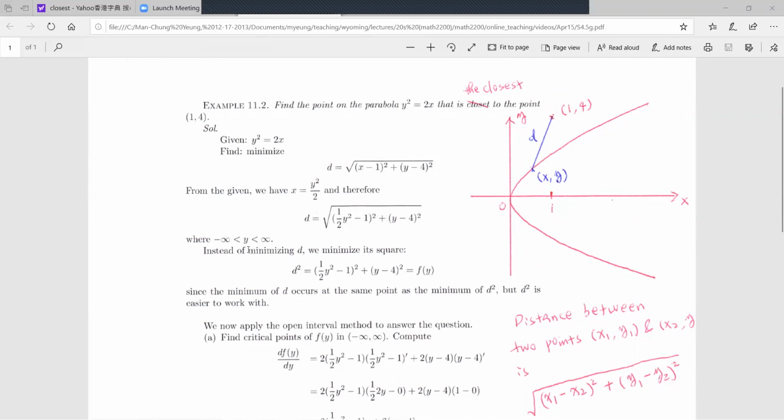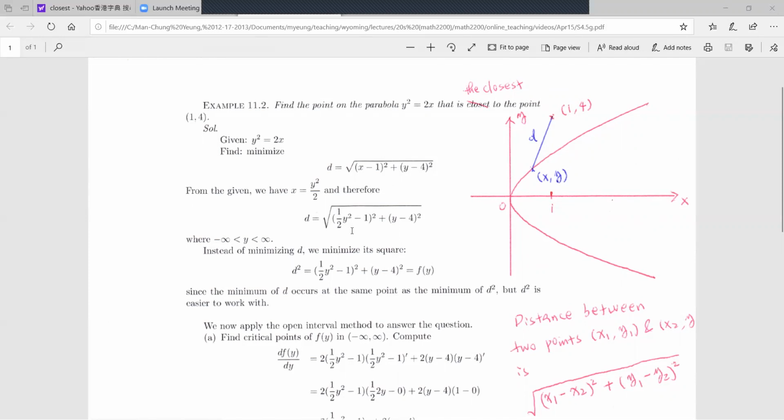Okay, now the question is how to choose y so that d is the smallest. Because this interval is an open interval, we apply the open interval method to solve this problem.